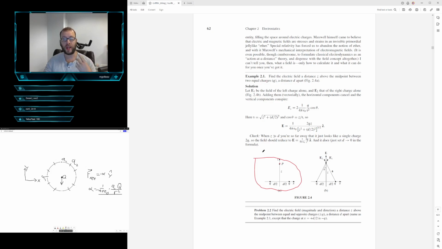One charge exerts its own field. Two charges combine their contribution of the field together. It's a superposition principle. So we can go through the math here. And it's a simple trigonometry method of just understanding.